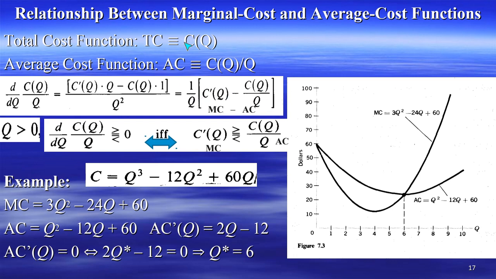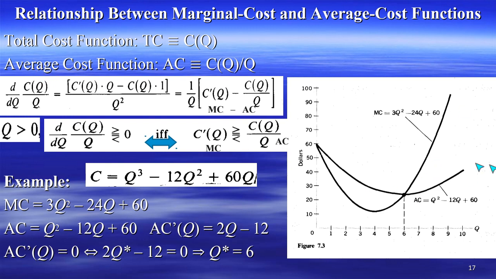So C prime of Q is the derivative of the total cost, which is the marginal cost. Great. And C of Q over Q is the total cost divided by quantity, which is average cost. What did I obtain? I obtained 1 over Q times marginal cost minus average cost. What is it? It is the slope of the average cost curve.